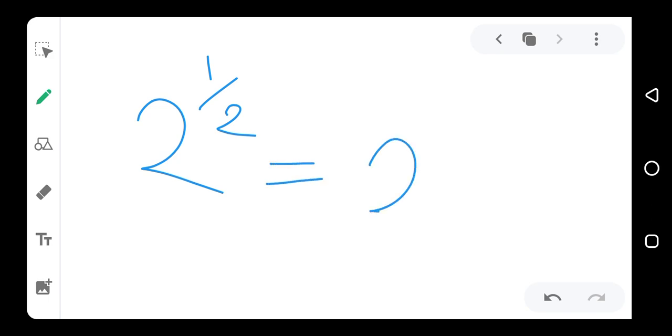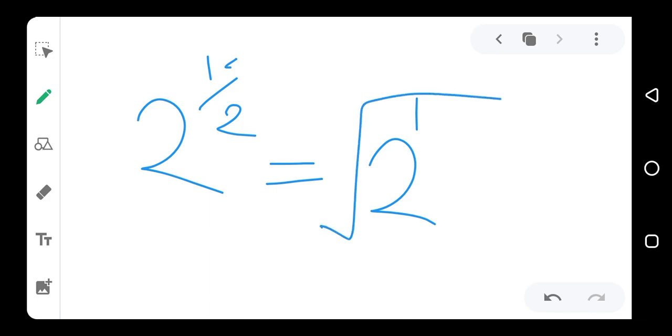If we have 2 raised to power 1 over 2, this is going to be, we write the base, which is 2. Then we raise this to power of the numerator, which is 1. 2 raised to power 1. Then we write the roots.